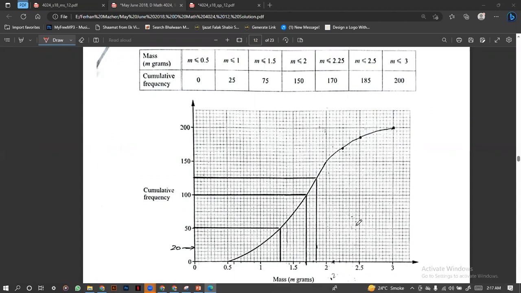At 2.5, I'll put a dot of 185. At 3, I'll put a dot of 200. This is cumulative frequency. Then I will join them. This portion was already there, so I have to join them like this. So this is what you have to do.